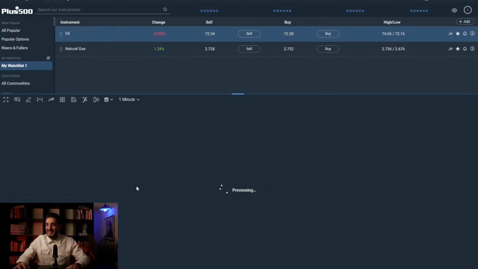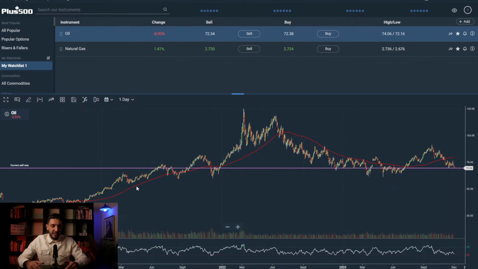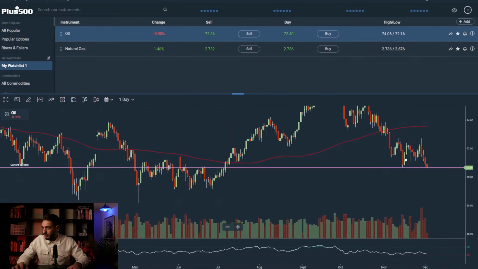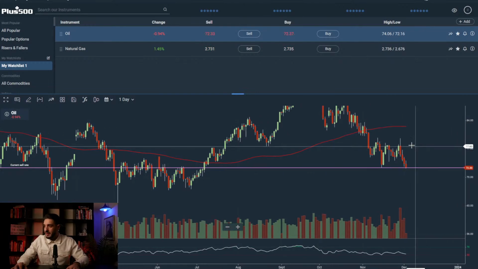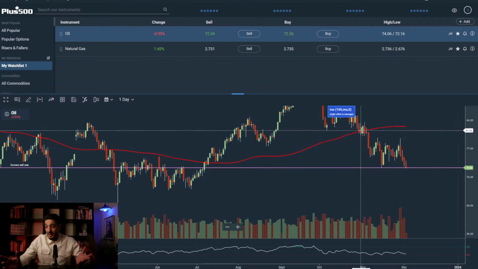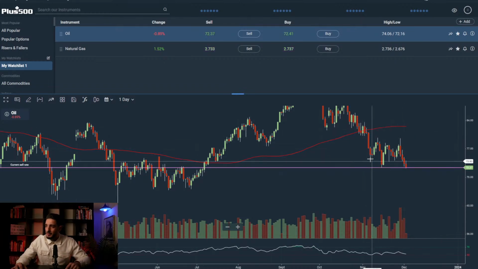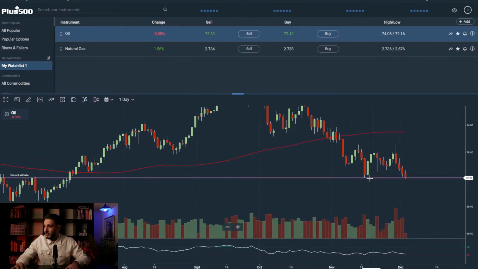Right now, let's break down crude oil quickly and see what the daily looks like. If you look at the daily candles, you see that we continue that little sell-off we've had throughout this and last week, and the whole of November, going into October as well. However, we're currently sitting at some sort of support area, and if you look closely, we're testing that support.